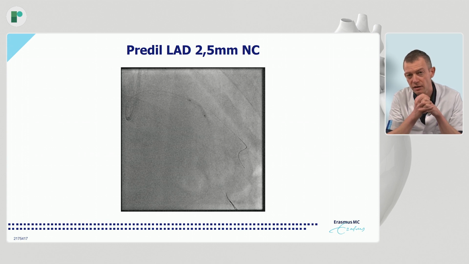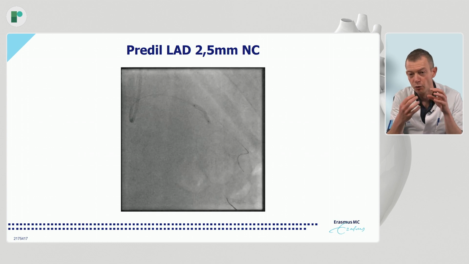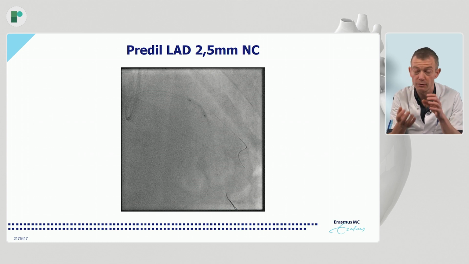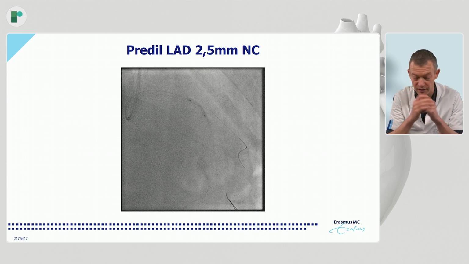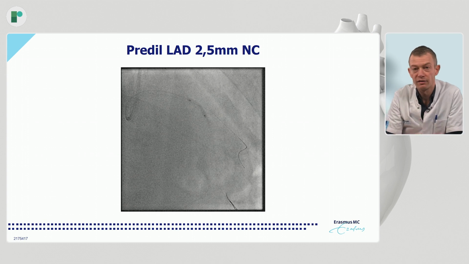So we proceeded with a 2.5 NC balloon, and the reason we do that is that at the time of the first IVUS, you can already appreciate if the lumen is properly modified in order to accommodate a stent. So that really saves you one pullback in order to appreciate the fractures or lesion modification pre-stenting. We will show you all the ins and outs in a second.